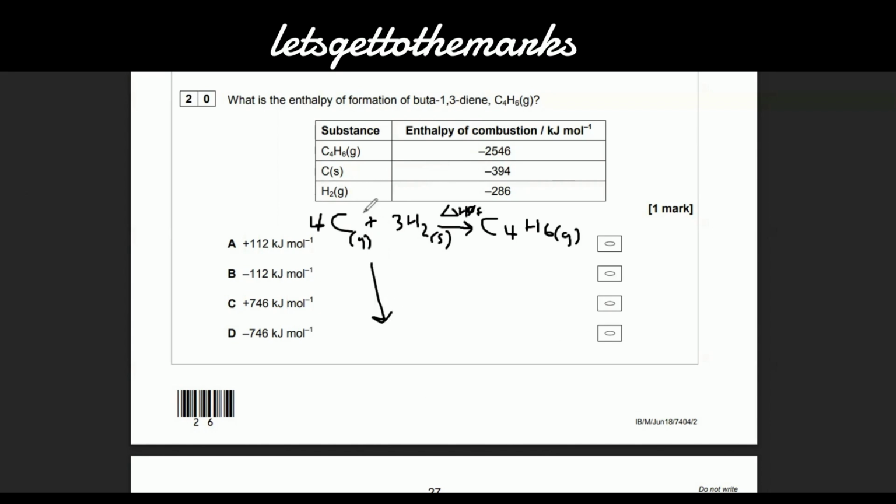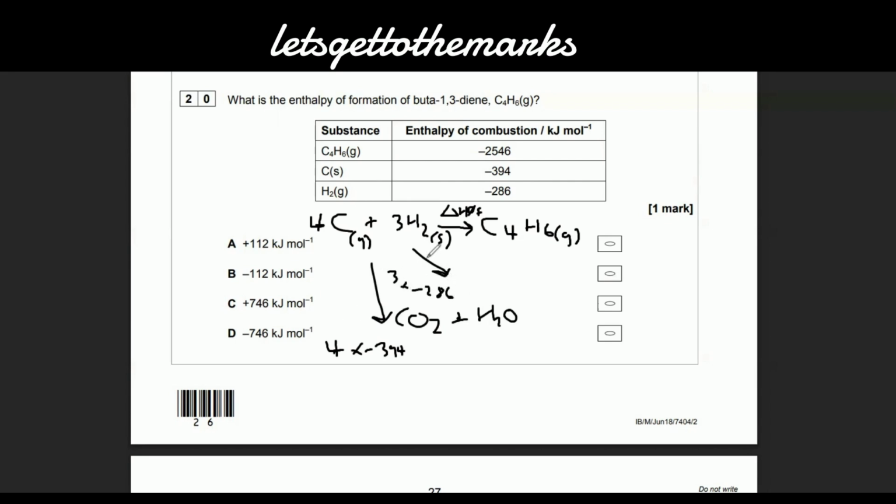Remember Hess's law: regardless of the route taken, energy changes are the same. We don't know this, but we're being given this. So we've been told that we have 4 times minus 394, and that is for the carbon dioxide formation. And then, of course, if you burn the hydrogen, you're going to make water. And we're being told that I've got 3 times minus 286.